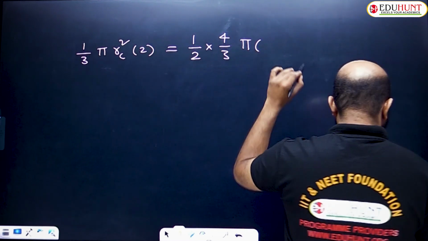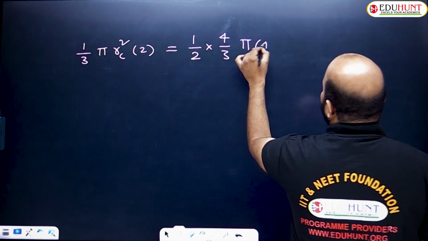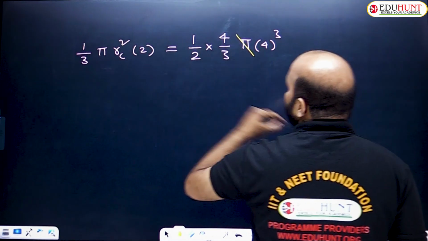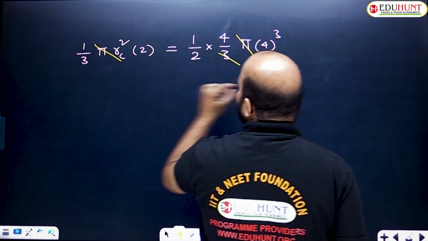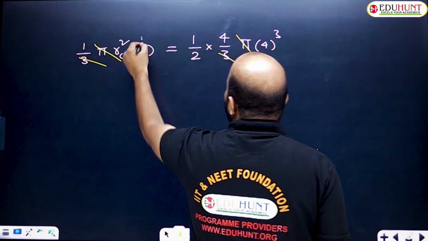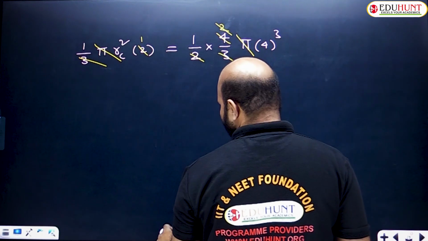The radius of the sphere, 4 centimeters is given, so 4 cube. Am I clear? So according to cancellation, pi cancels, denominator 3 cancels, and the 2s also cancel. So what are you getting at the final?